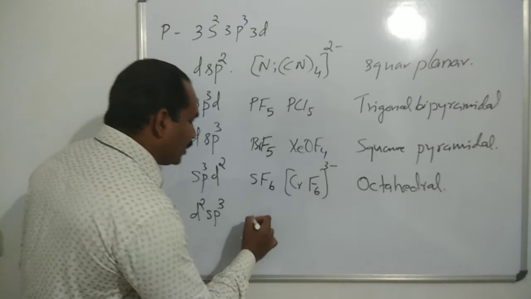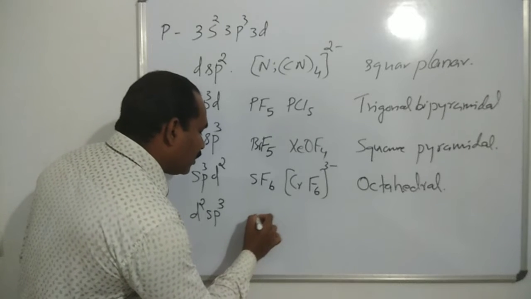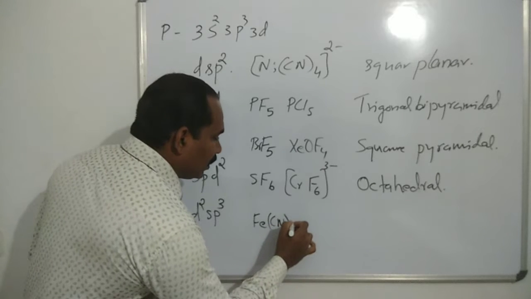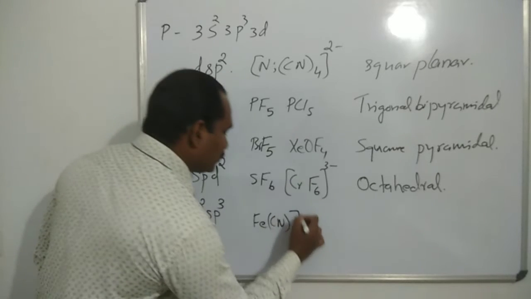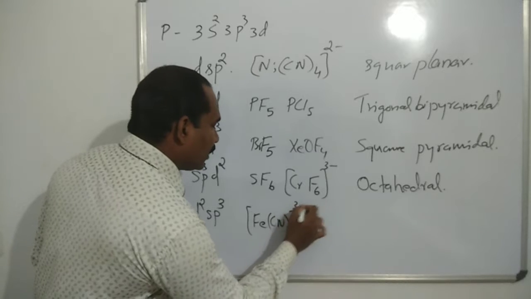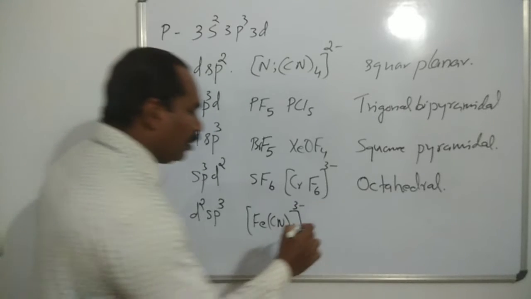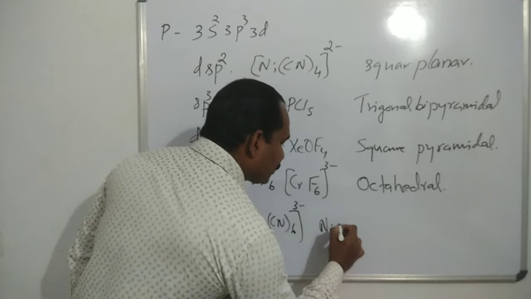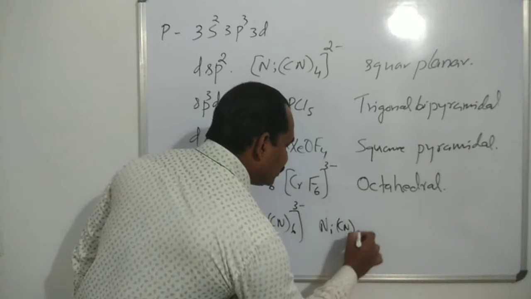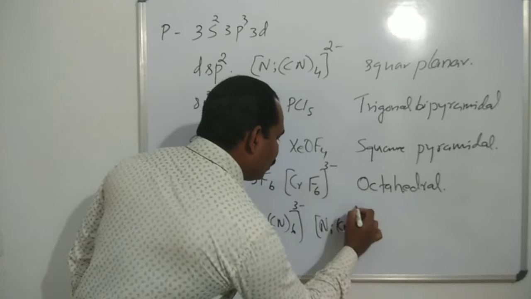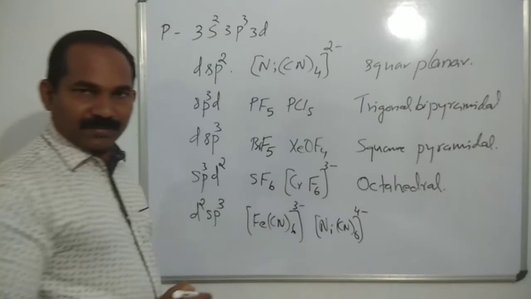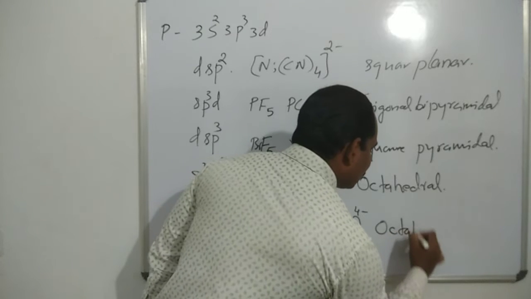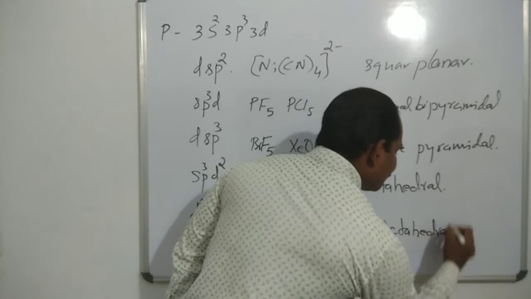The examples are [FeCl6]3- or [Ni(CN)6]4-, and the shape is the same, octahedral.